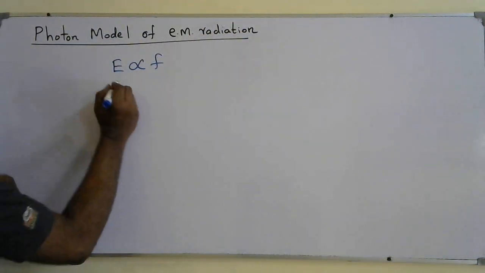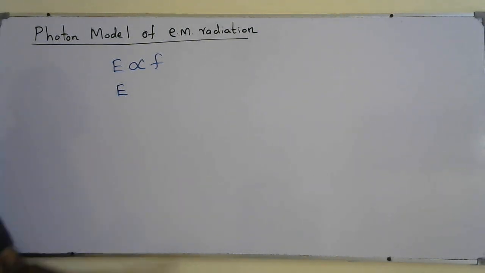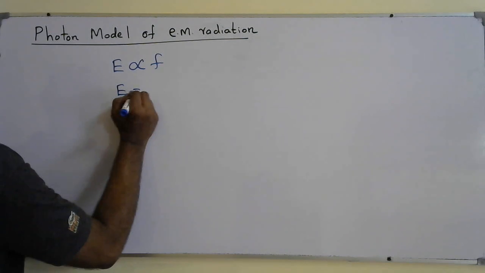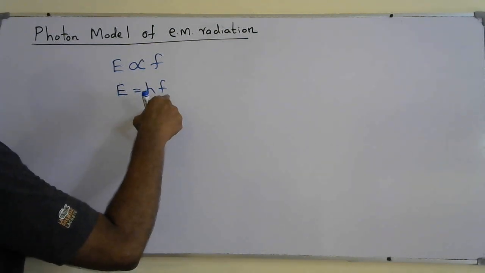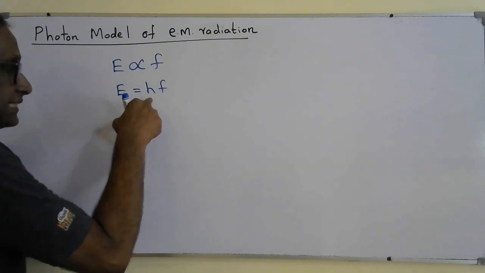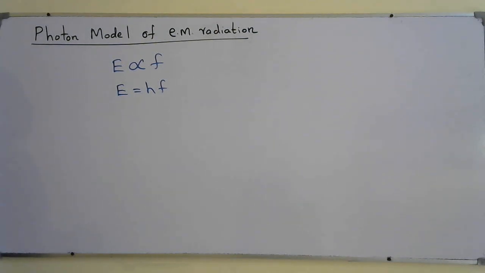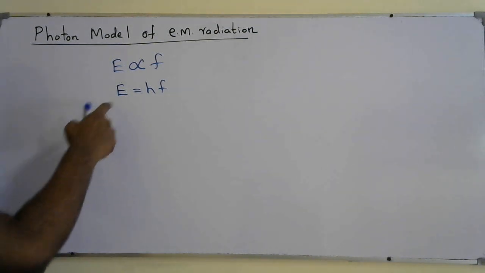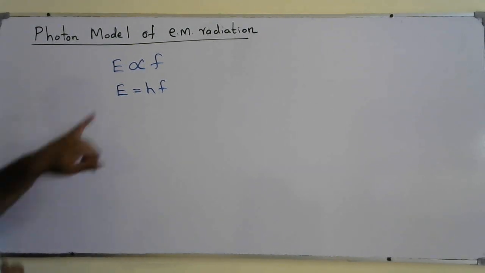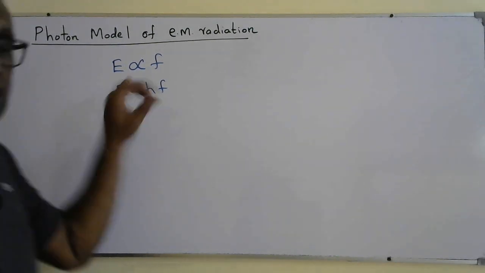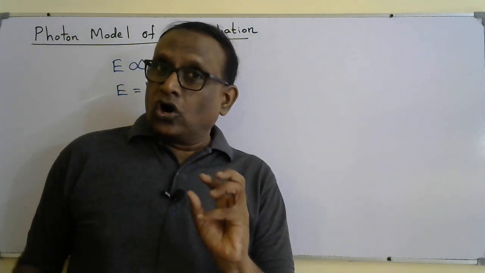So we can say the energy of the smallest discrete packet of energy is equal to E equals h times f, where f is the frequency of the electromagnetic radiation, h is a constant called Planck constant, and E is the energy of the photon. We call the smallest discrete packet of energy a photon.